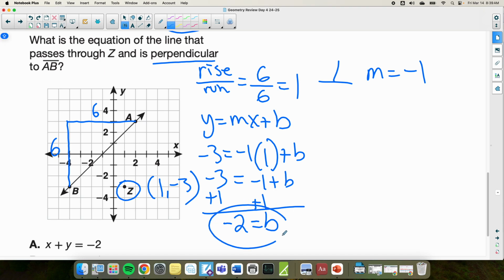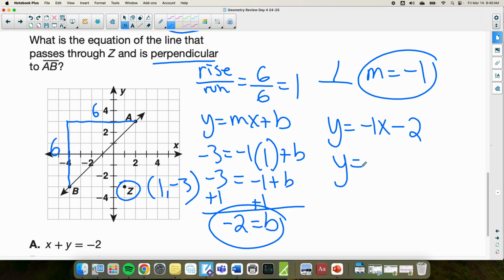Alright, now we have b and we have m. But we can also simplify this. We don't need that 1 as a coefficient, so we can just simplify it to negative x minus 2.